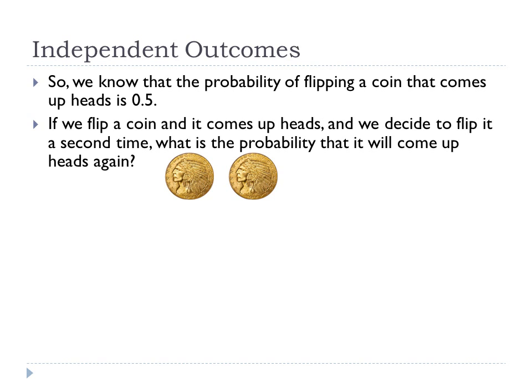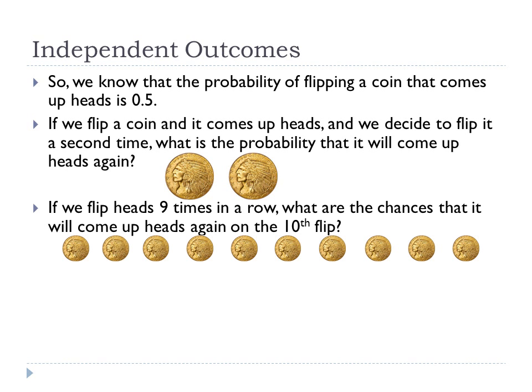So we already got heads once. What's the chances, or what's the probability that it's going to come up heads again that second time, right? Or if we flip heads 9 times in a row, what are the chances that it'll come up heads again on the 10th flip? So I put these examples up there because I want to challenge your intuition, right?